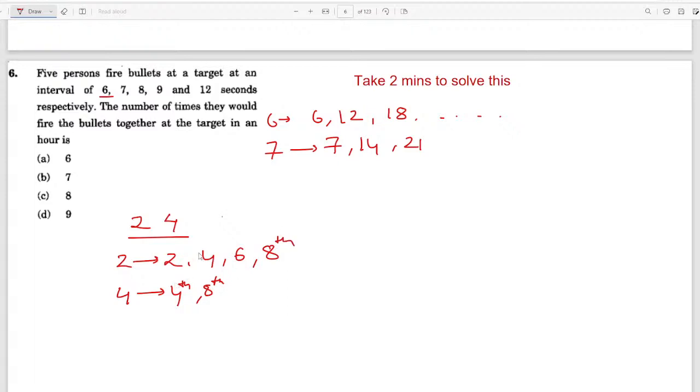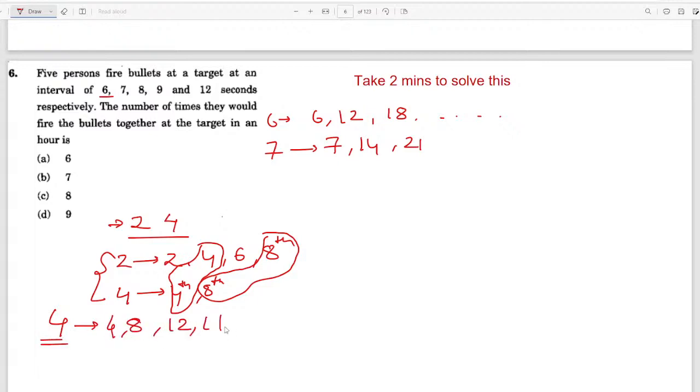They'll fire together at the 4th second and after that the 8th second. So how to calculate this? For that, we calculate the LCM of these two. The LCM of 2 and 4 is 4. And at every multiple of 4, for example 4, 8, 12, 16, they'll fire together.